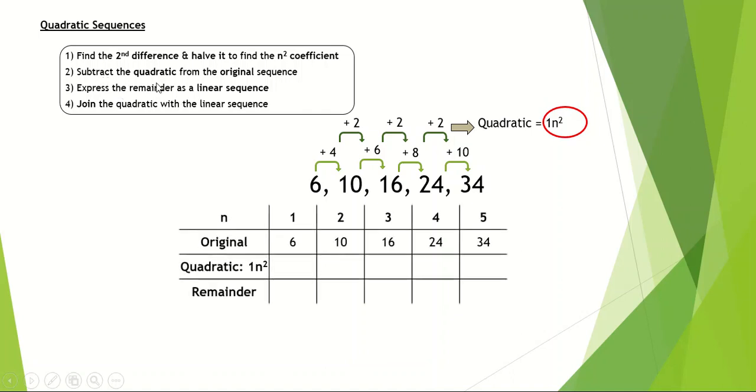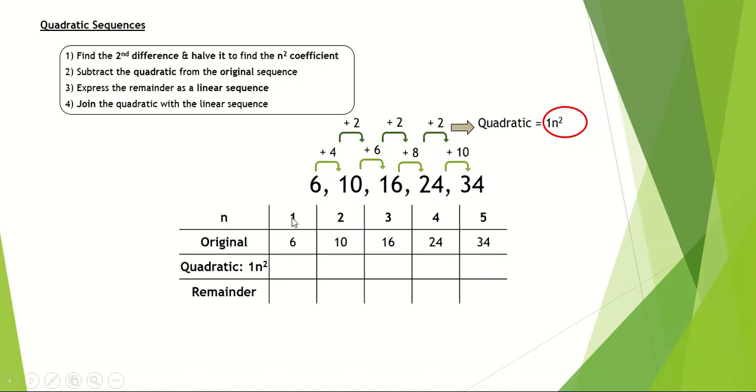Then subtract the quadratic from the original sequence. When we say subtract the quadratic, we are referring to the value of this. And when we say original sequence, this is the original sequence. So place the original sequence here and place the value for the quadratic, 1n squared.